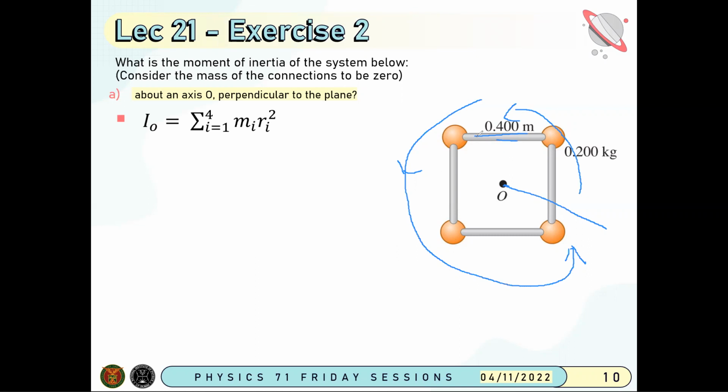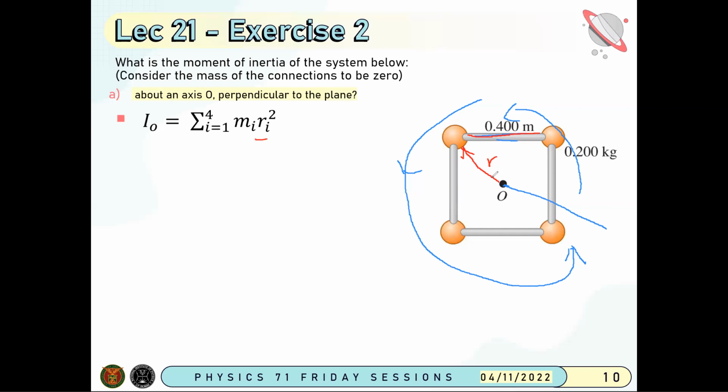And since similar lang lahat sila ng m and ng r, or at least ito yung r nila, so note na yung 0.4 meters, hindi pa yan yung r. Yan lang yung distance between each masses. But the real r na gagamitin is yung distance from the pivot axis or the rotational axis. Okay? So, yan yung r natin.